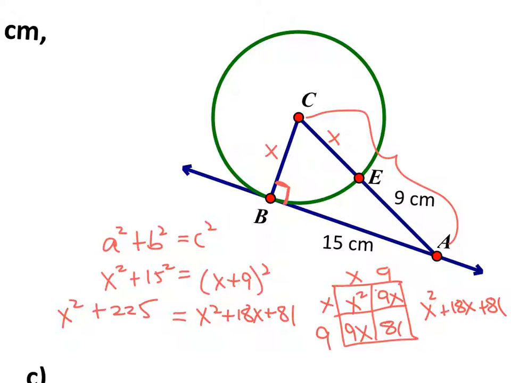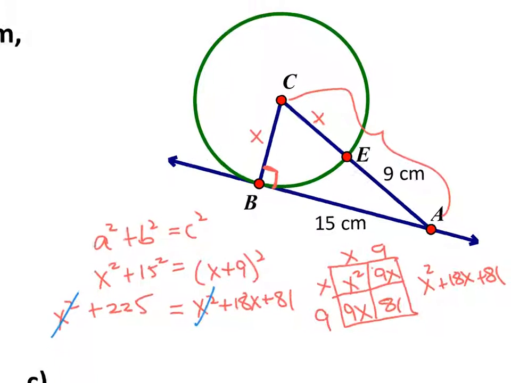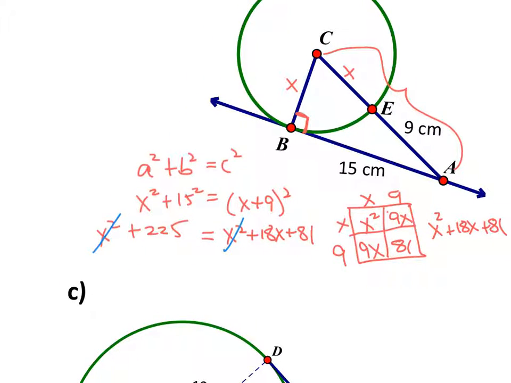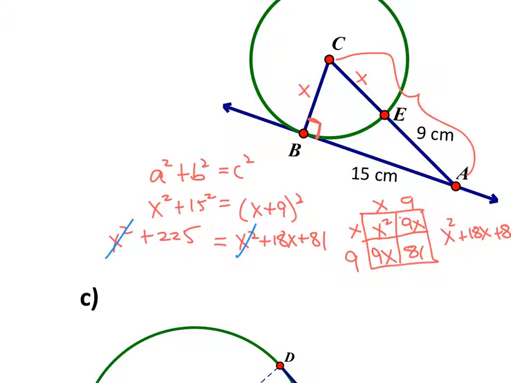So going further in this problem, first thing I notice is I could minus x squared to both sides. Those x squareds go away. So really I just have a simple linear equation to solve. 225 is equal to 18x plus 81.